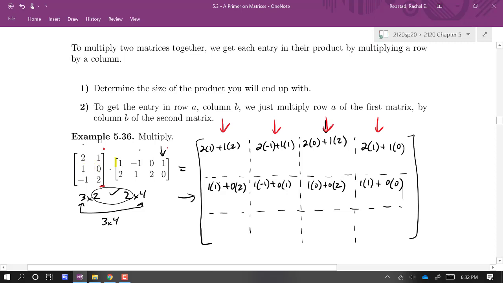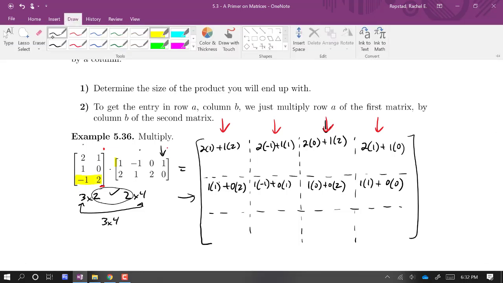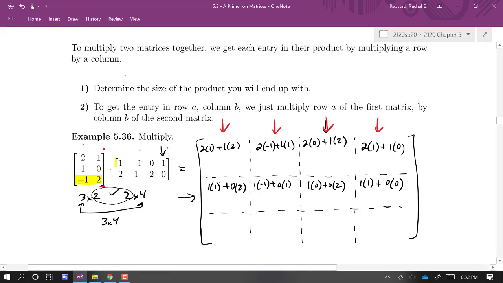We'll do this one more time with the third column, or third row, sorry, of the first matrix. Starting with the first column, we're going to have negative 1 times 1 plus 2 times 2. In the next column, negative 1 times negative 1 plus 2 times 1.